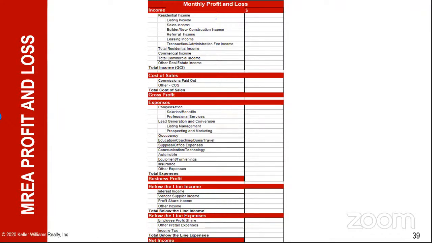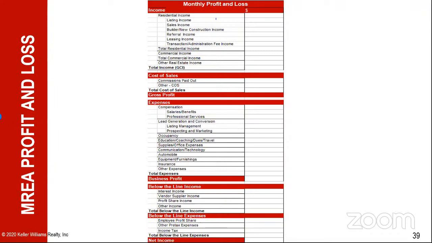The chart of accounts is what you can use in your profit and loss statement when you're entering your actual numbers. It's specifically designed for real estate professionals and will work at all levels.